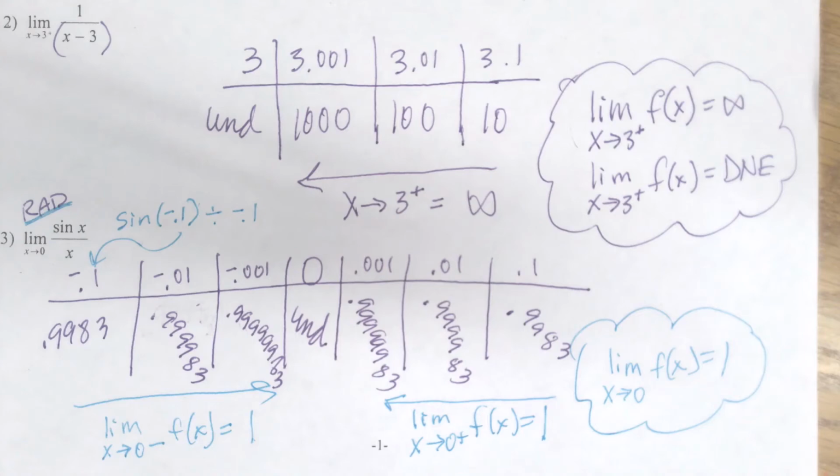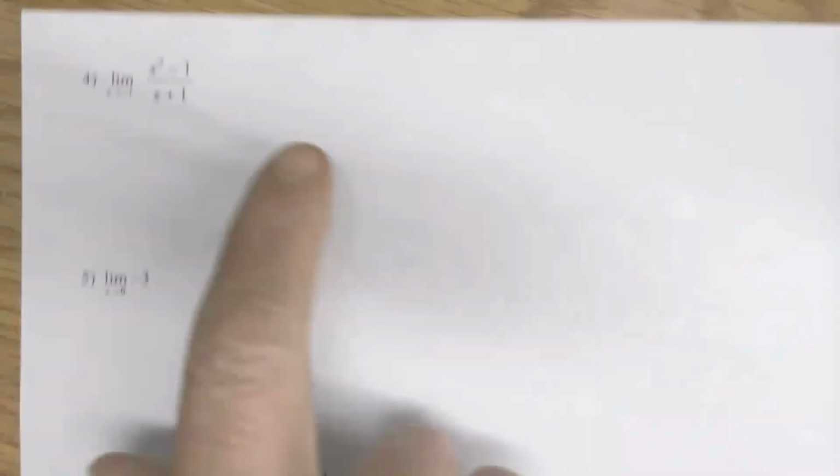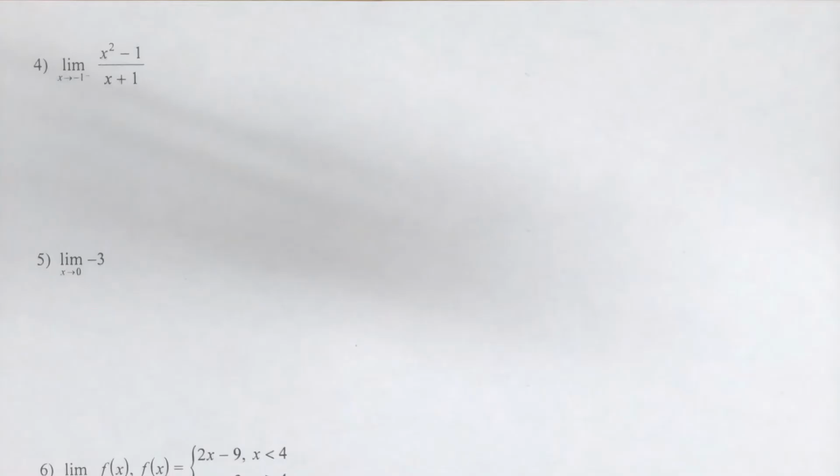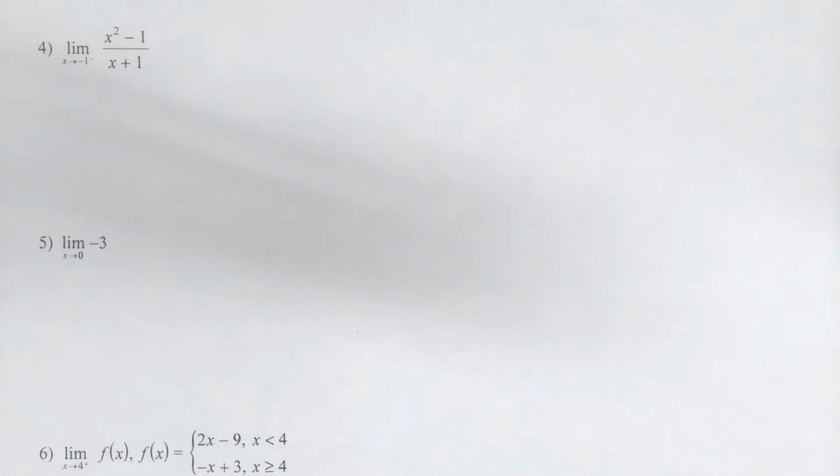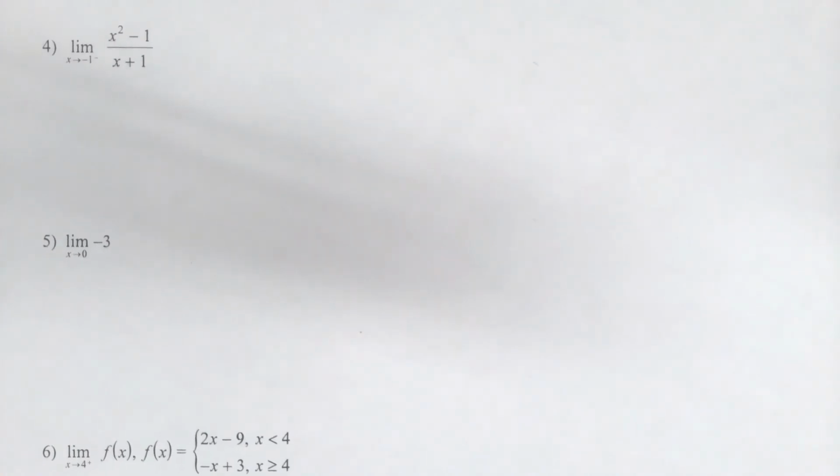So there are a couple more problems on the back side that we're going to do. There's one more that has a table that you have to make. You're going to be approaching -1 from the left. Like I said, it's just a normal, typical looking function. Like I said at the beginning, you have to be a little bit careful when you're making your tables with negative numbers, because -1 is what I'm looking at.